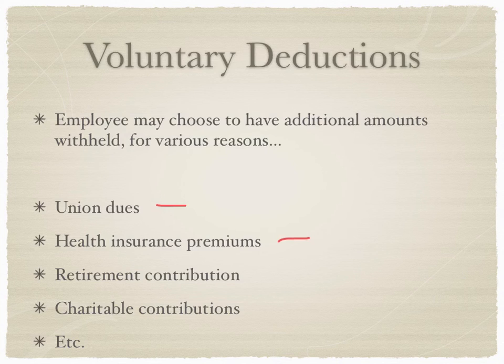You could be contributing to a retirement plan. We'll talk more about that in a minute. You could have charitable contributions withheld. You could be charged for your work uniform. The sky's the limit. There's many possible voluntary deductions, but these are the major ones.